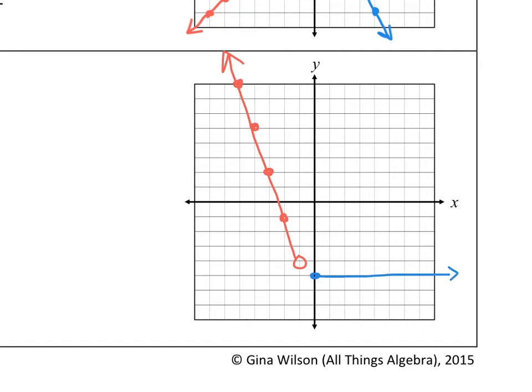But I need a closed dot at this negative 1 where x is negative 1, and then it's everything to the left-hand of that point. Again, it's a closed dot at that negative 1 because it is where x is greater than or equal to negative 1. Okay, so those are our two functions.